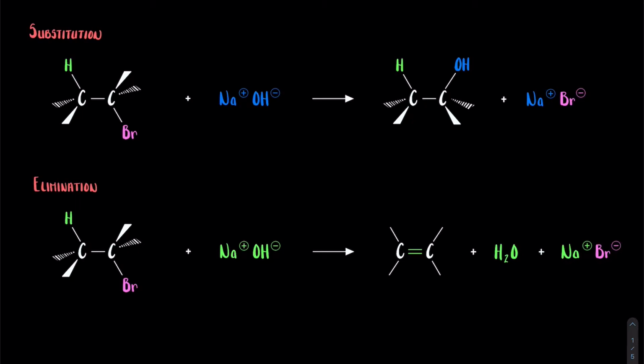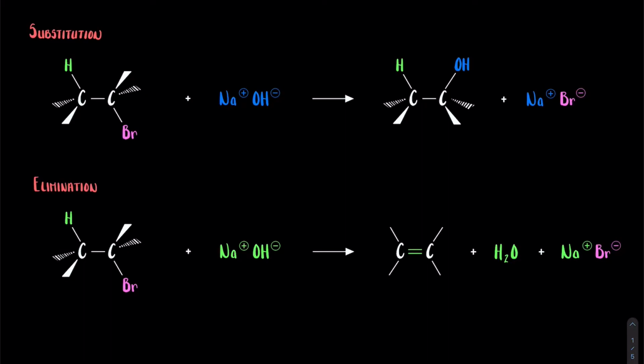So we're going to look at that closely today, specifically the E1 and E2 mechanisms. We're not going to be covering E1cB. That is a different mechanism that you will cover with a professor of your own, or I can cover in a later video. The E1 and E2 are the most important pathways.